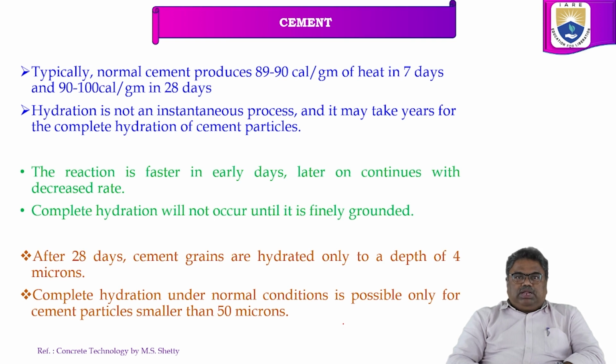The complete hydration will not occur, especially for coarsely ground cement. After 28 days of curing, the cement grains are hydrated only up to a depth of 4 microns. Complete hydration under normal conditions is possible only for cement particles smaller than 50 microns.